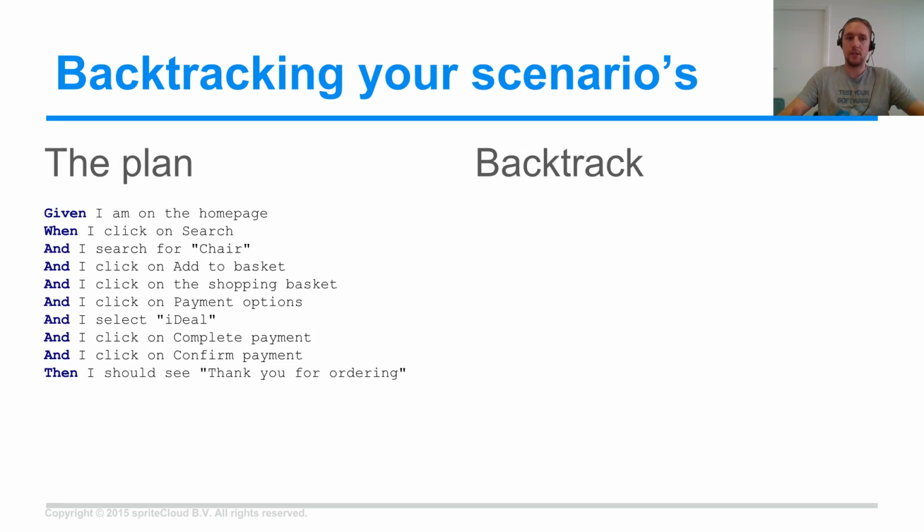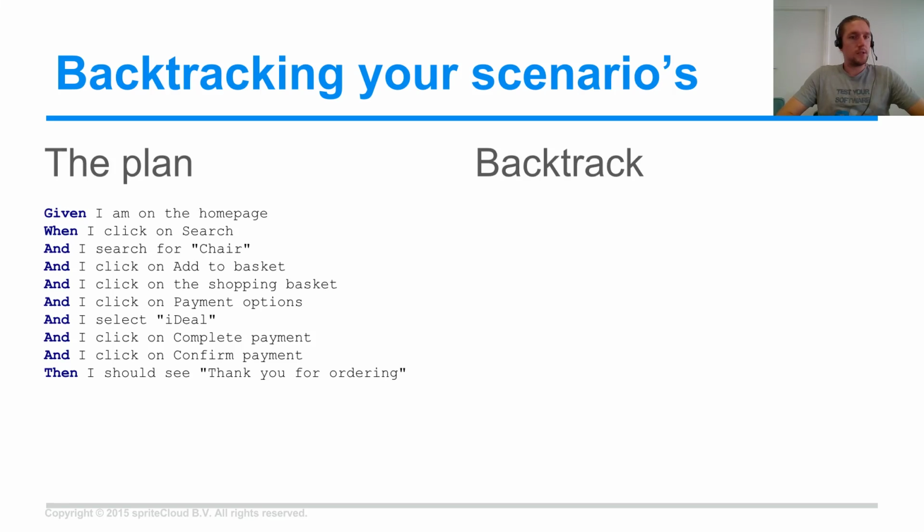It says, for example, I search for chair, I click on add to basket, but it doesn't say when it has successfully searched for chair or when it has successfully been added to the basket. So every action should have a check for what makes it successful, so that other people that read the Gherkin scripts understand, okay, this is successful when I do that, or when I see that.